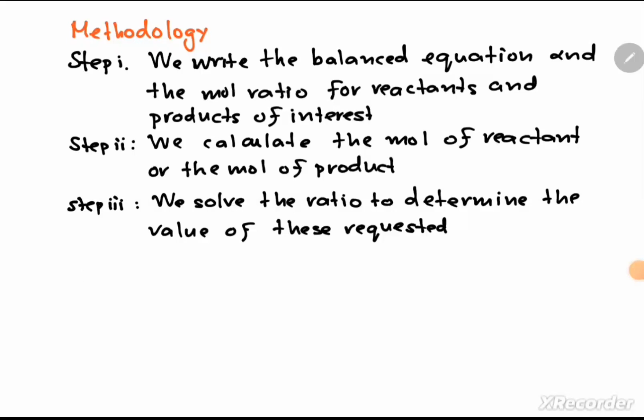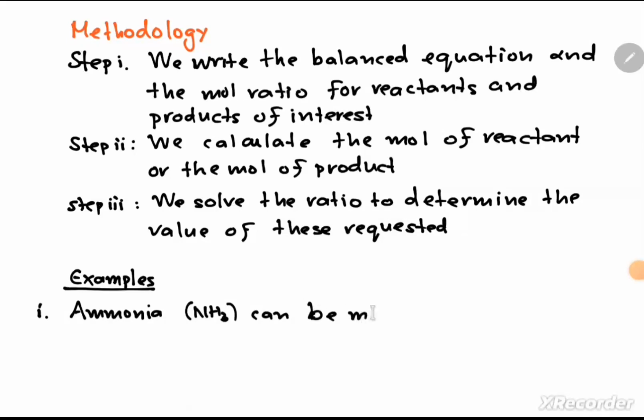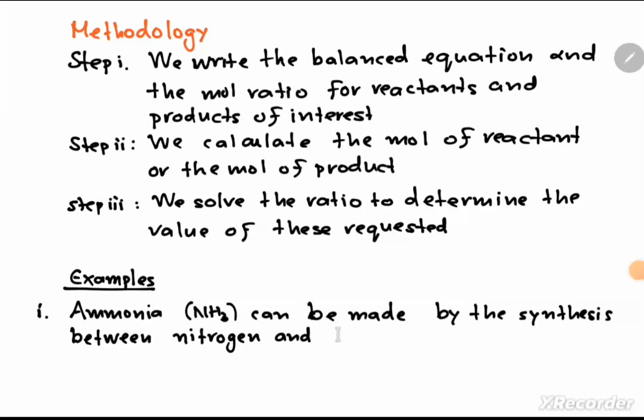Let's see some examples. One. Ammonia can be made by the synthesis between nitrogen and hydrogen.